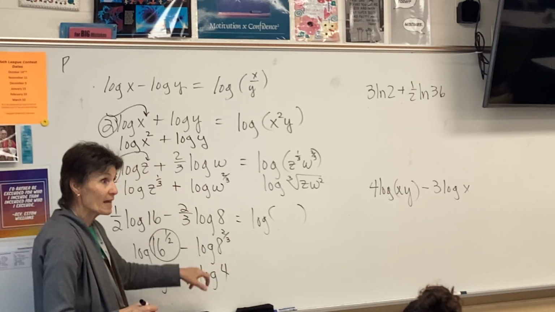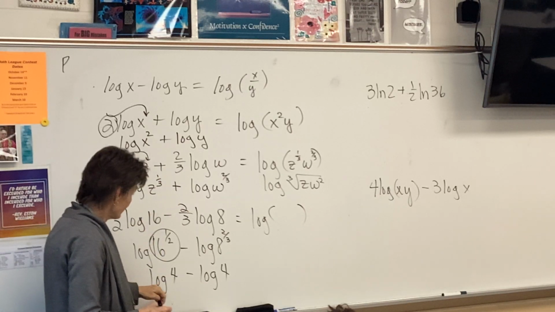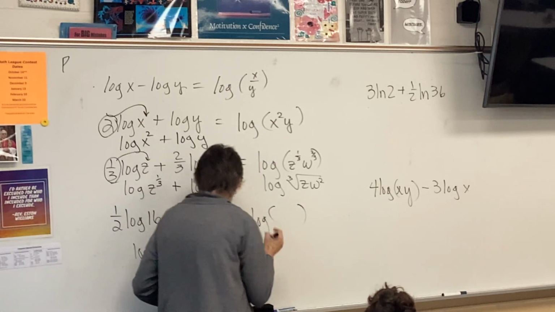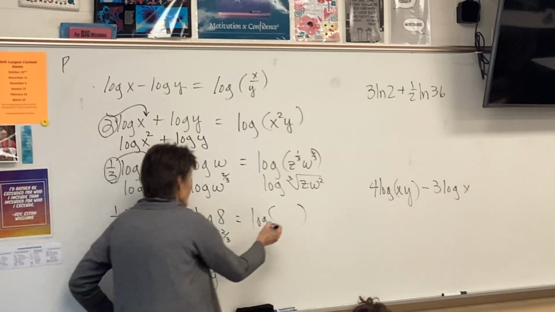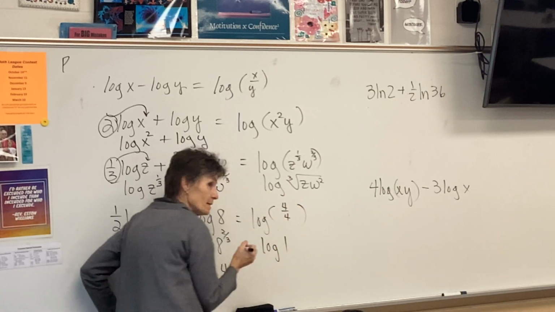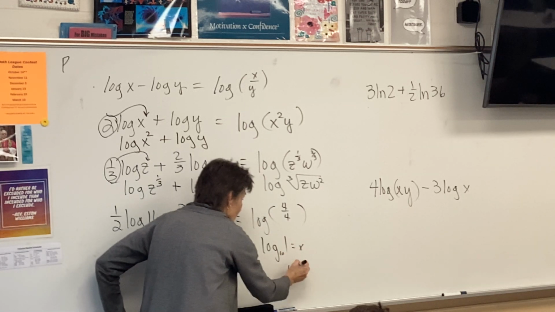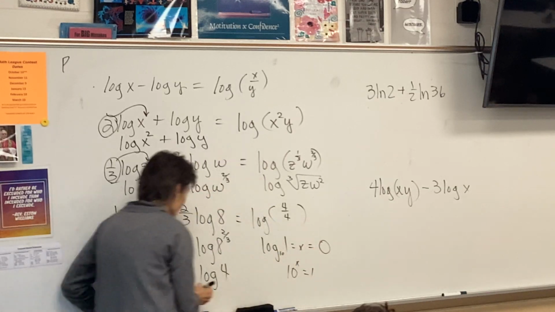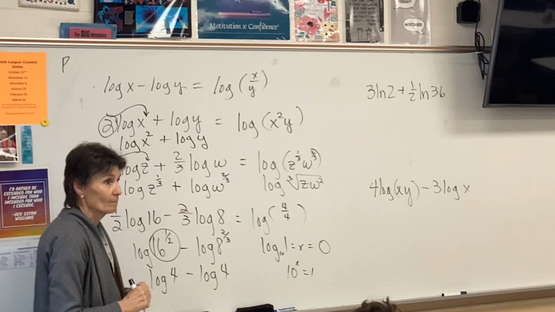The cube root of 8 squared. Well, wait, where's the 2? That's just 4, right? Now notice, we talked about this the other day. If I made this a division, wouldn't it be the log of 4 over 4, which is the log of 1? And remember, when we talked about that, what did that always equal? That had to equal 0. So the answer to the problem is 0. Obviously, if you subtract these and they're the same, you're going to get 0.